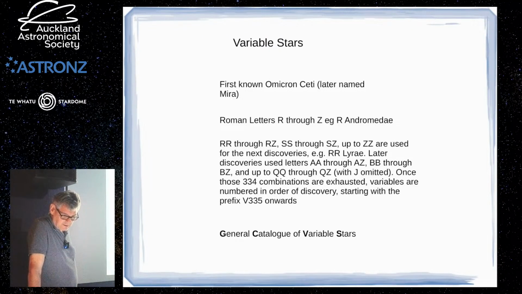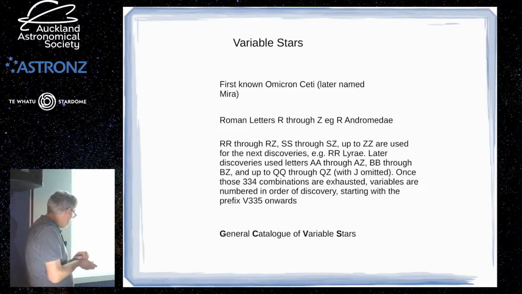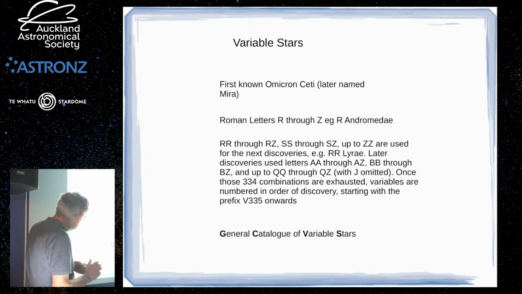There are special catalogues just of variable stars, and if you look at variable stars, they seem to be named a little bit differently to the others. You'll often see stars that have got a letter in their name, for example, R Coronae Australis is quite a famous one.